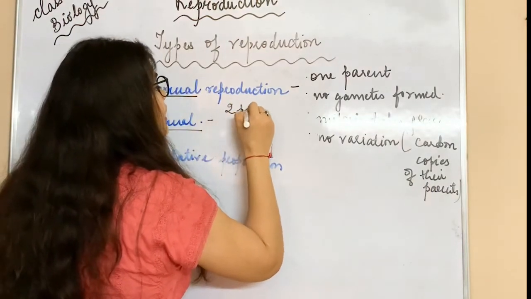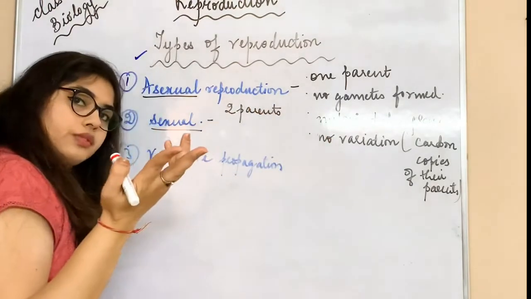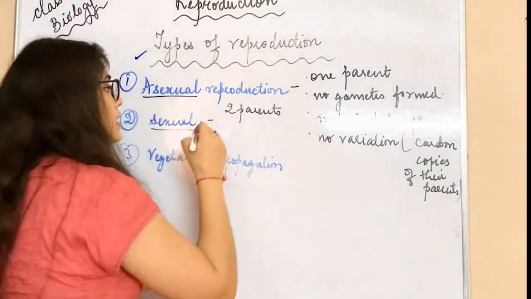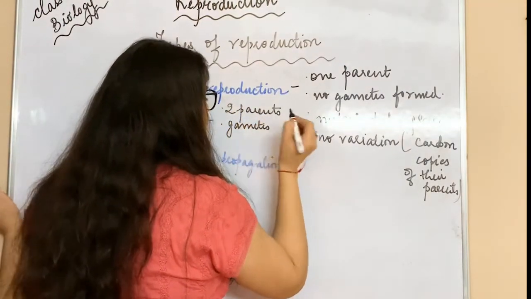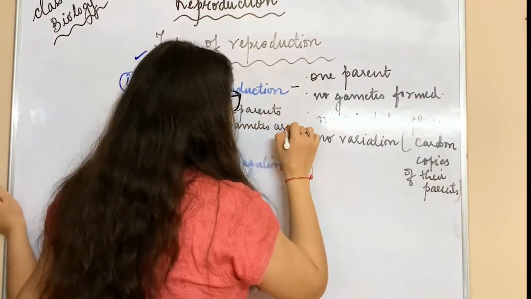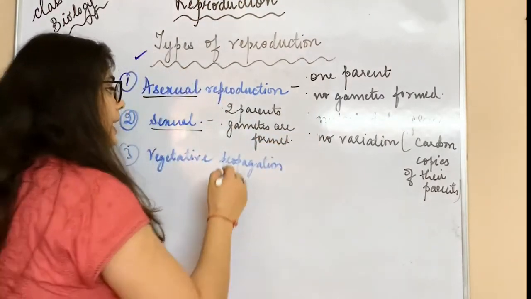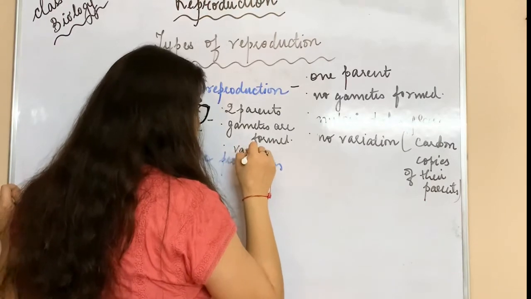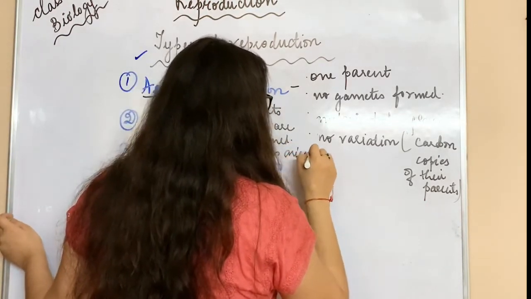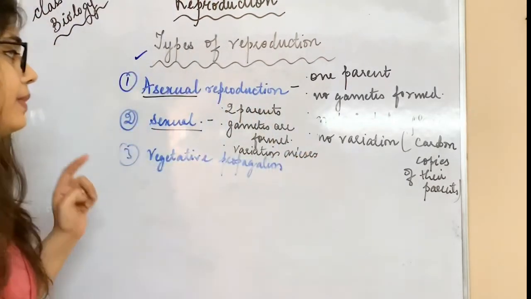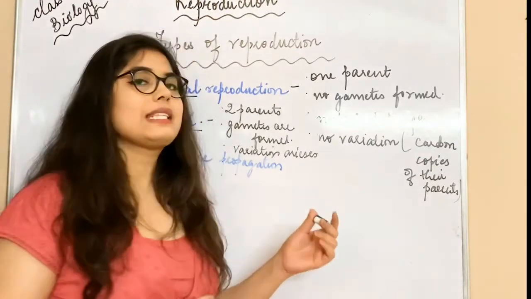Two parents are involved, one mother and one father. Second, gametes are formed, or you can say special reproductive cells are formed. In this, variation arises. That means in sexual reproduction, they are not exact copies.